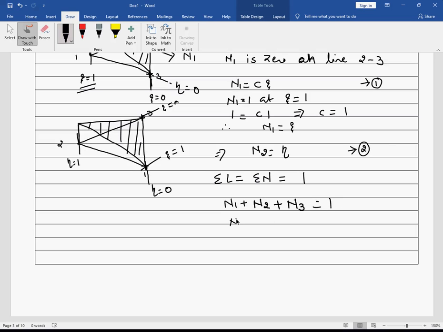So from this I could say N3 is equal to 1 minus N1 minus N2. And from this I could write 1 minus zeta minus eta. So this is my third shape function. In this way I could get it. If you have understood this third equation, please type 3 or you may have your questions.